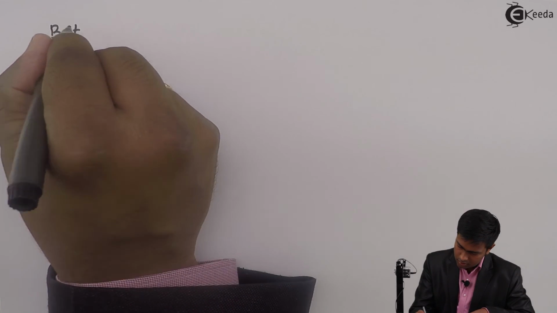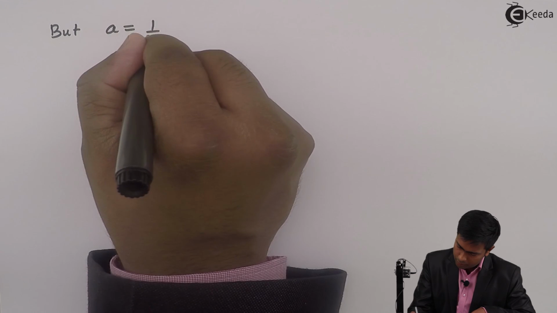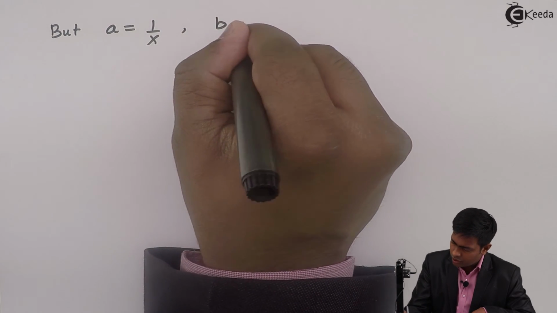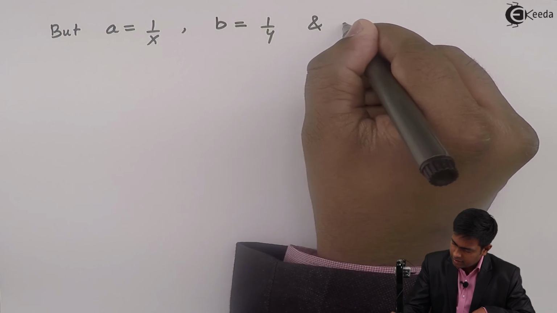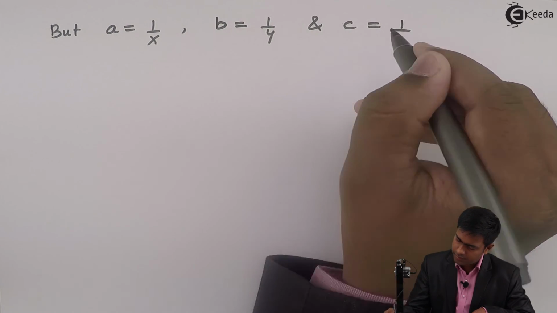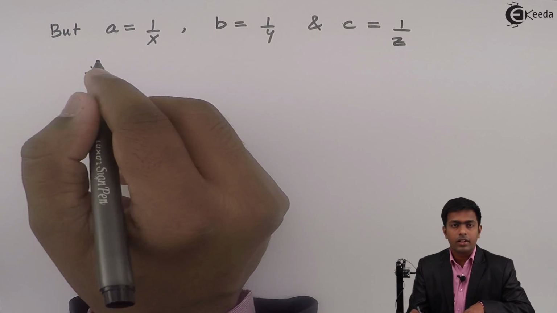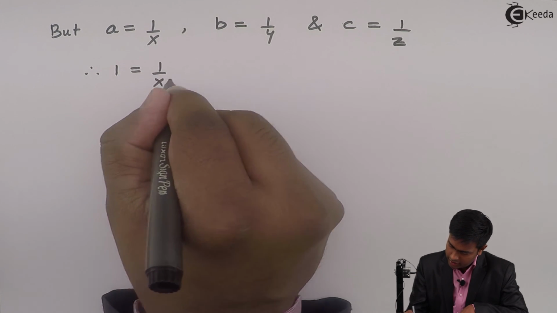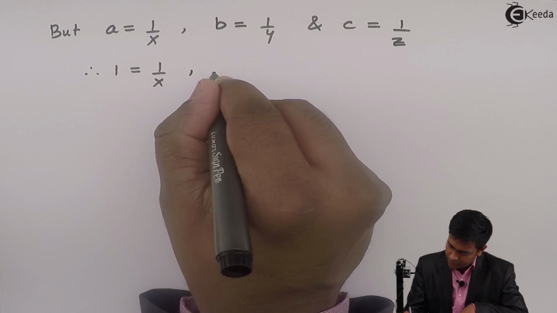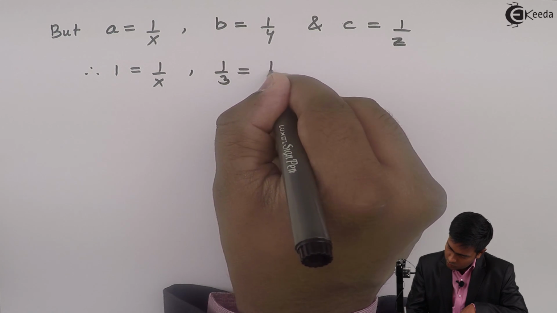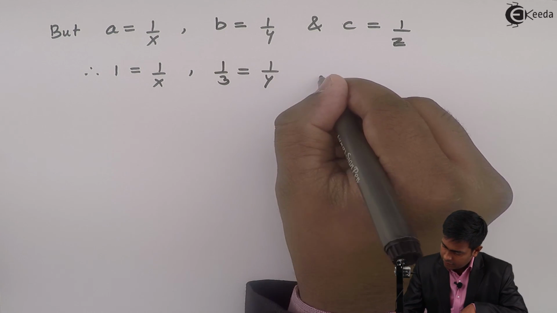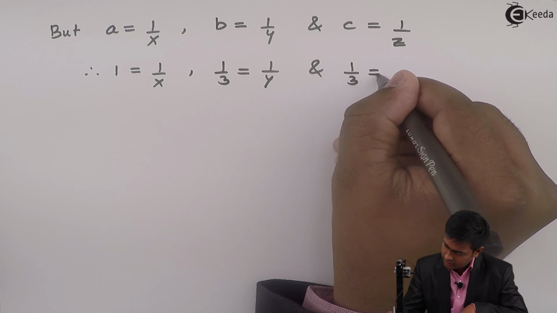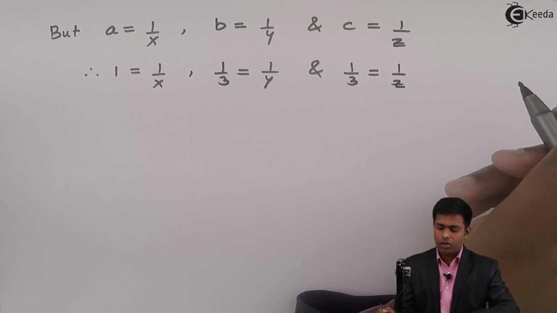A is equal to 1 upon x, B is equal to 1 upon y and C is equal to 1 upon z. Now therefore the value of A we got is 1, which is equal to 1 upon x, the value of B we got is 1 by 3 which is 1 upon y, and the value of C we got is 1 by 3 that is 1 by z.